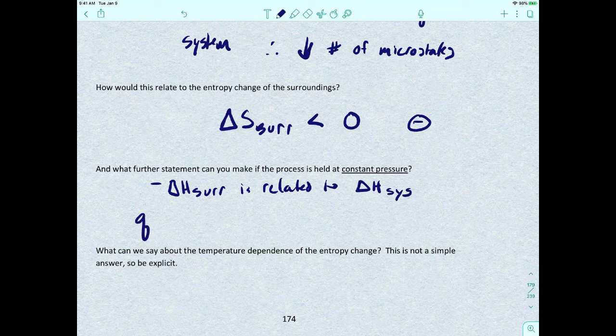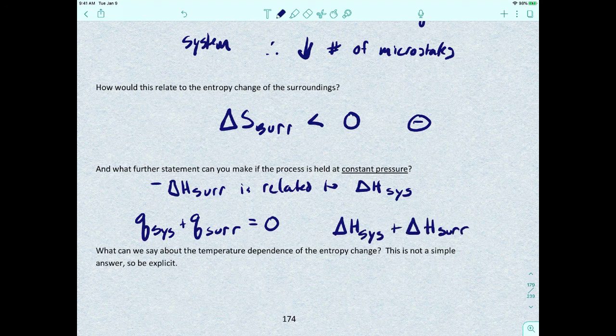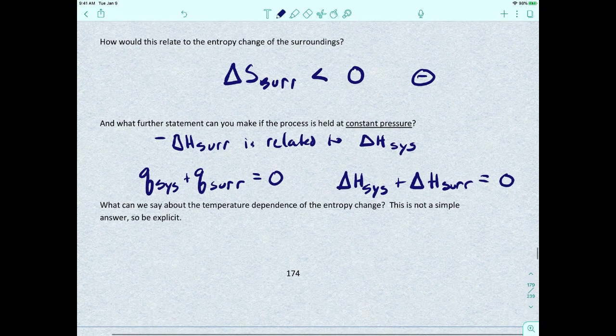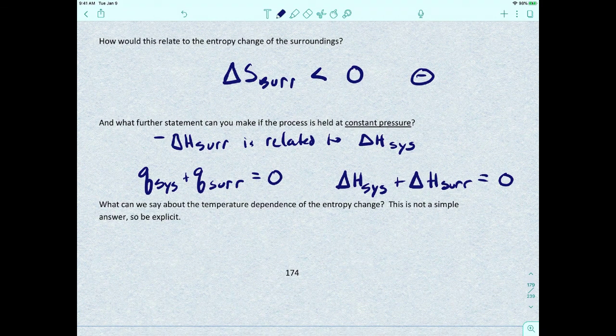At constant pressure, the heat of the system plus the heat of the surroundings is going to be equal to 0, and that's the first law of thermodynamics. So the enthalpy of the system plus the enthalpy of the surroundings has to be equal to 0.